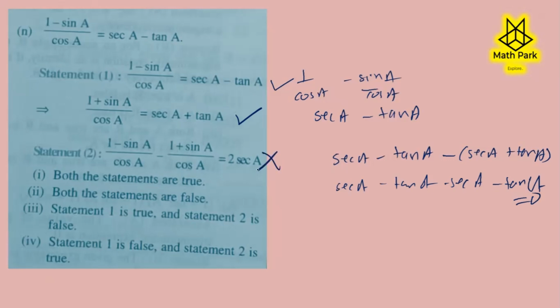So this statement is false. So we have statement A is true, S1 is true, and statement 2 is false. So the third option is the correct option.